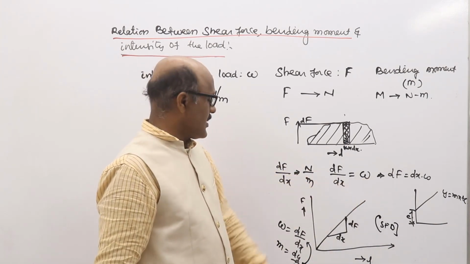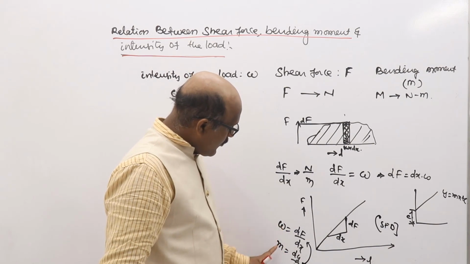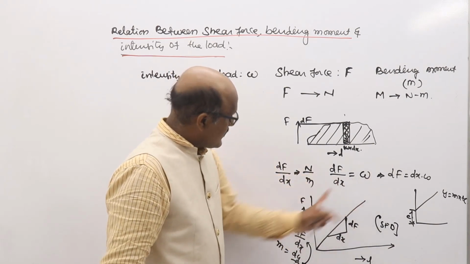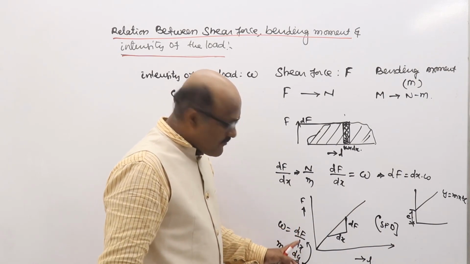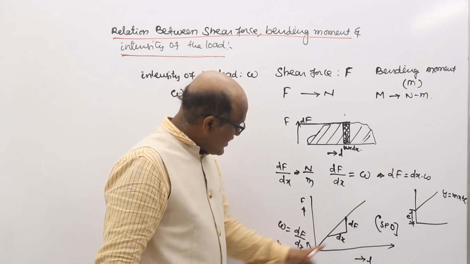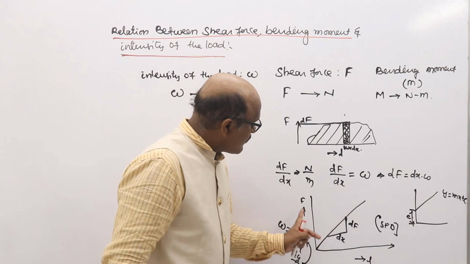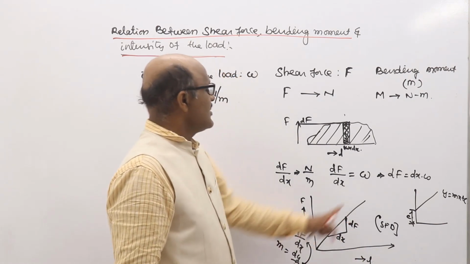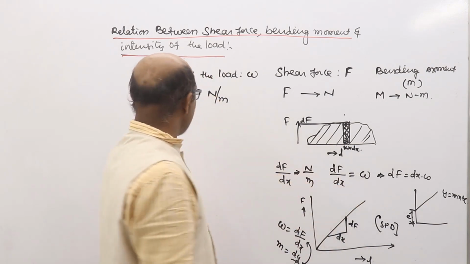That is the first point. So the slope is dy by dx, and it can also be written in this form: W is equal to dF by dx, with force here and length here. The slope of the shear force diagram is called intensity of the load.